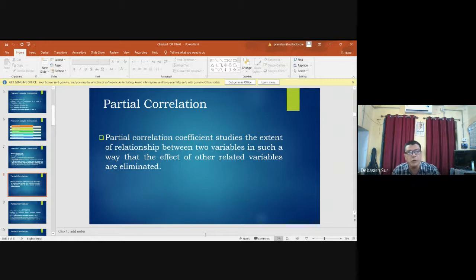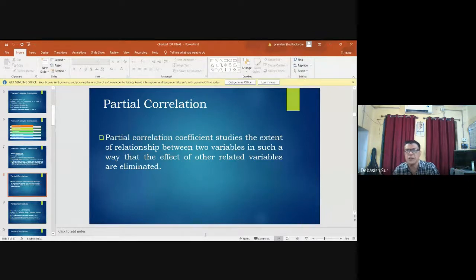But if we want to calculate the degree of relationship between yield of crops and the amount of fertilizer used after eliminating the influence of rainfall, then we have to calculate the partial correlation coefficient between yield of crops and amount of fertilizer used.